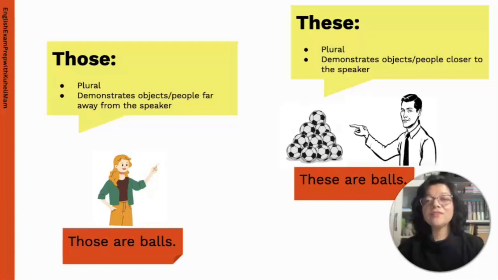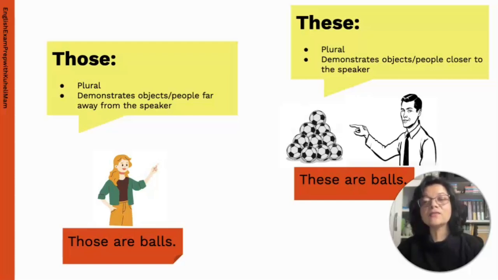The demonstrative these is used to refer to plural nouns, specifically plural objects or people that are closer to the position of the speaker. Like these, those also refers to plural objects or people, but the ones that are far away from the position of the speaker. If you look at the examples on the screen, there is a heap of balls.